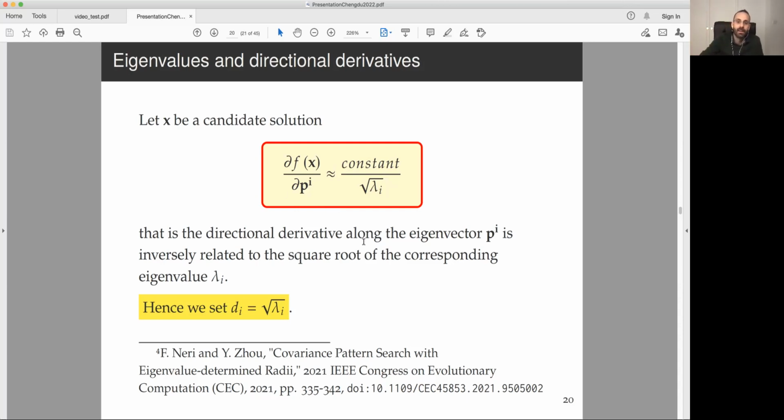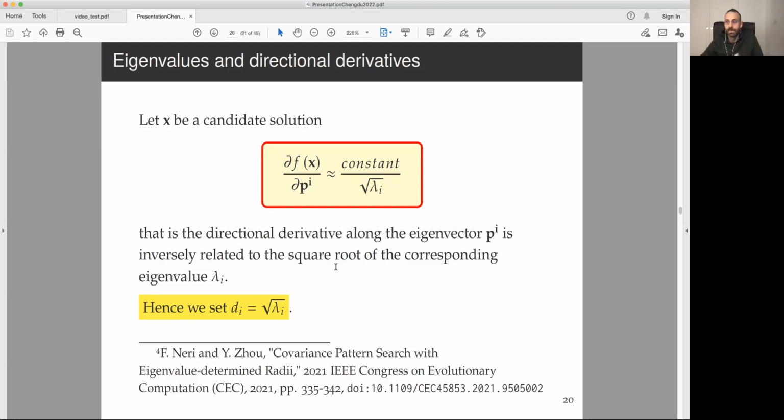I will use this formula here. All the mathematical details are actually in this paper, which we published this summer. What I can tell you is that this here, the fx in the p_i, which means the directional derivative along the direction of the eigenvector, is inversely proportional to the square root of the eigenvalue.